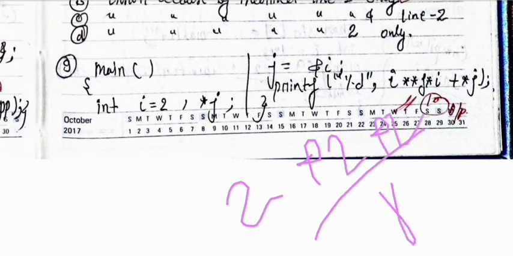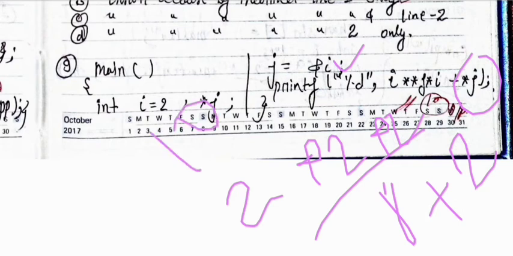After putting in the values, i is equal to 2, into pointer j is also equal to 2, into 2, that is 8. Now plus the value of pointer j, which also represents the value of i, that is 2. So the output of this program is 10. So 10 is the correct answer.